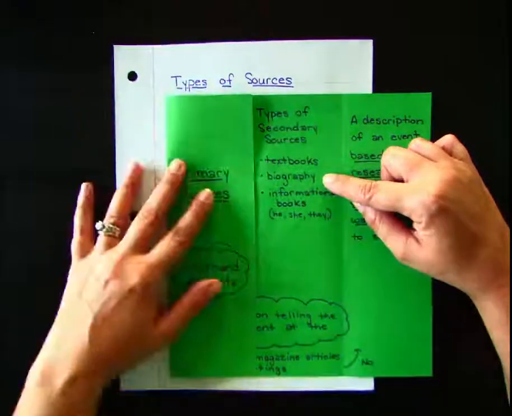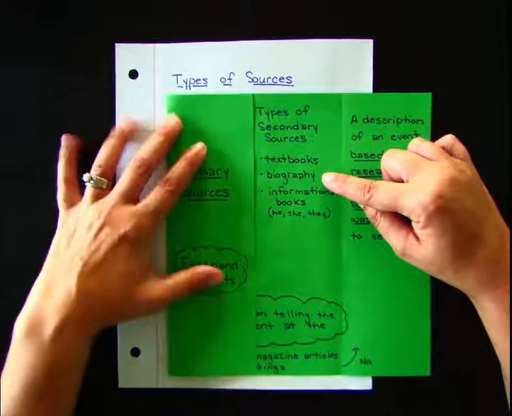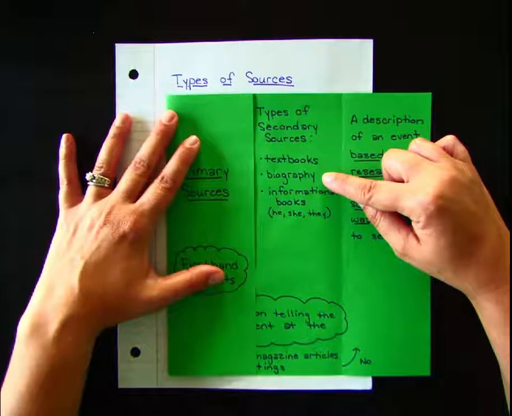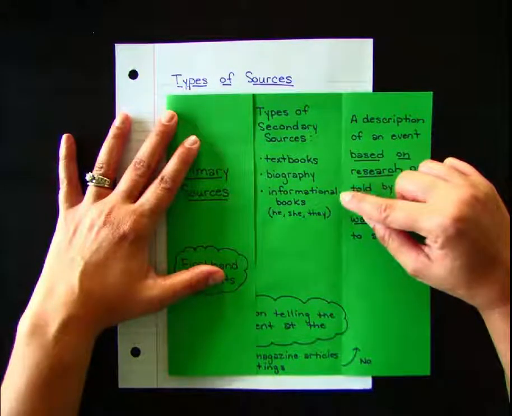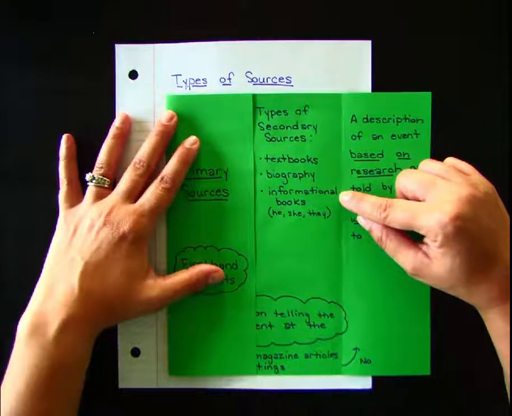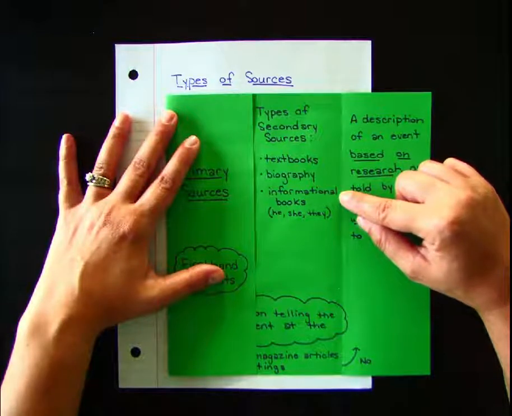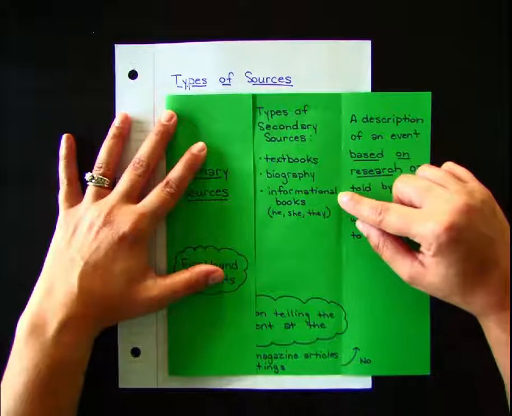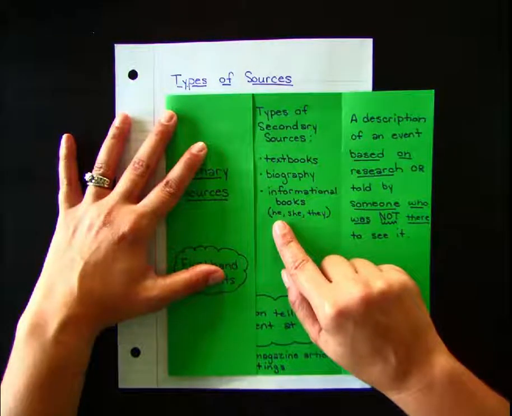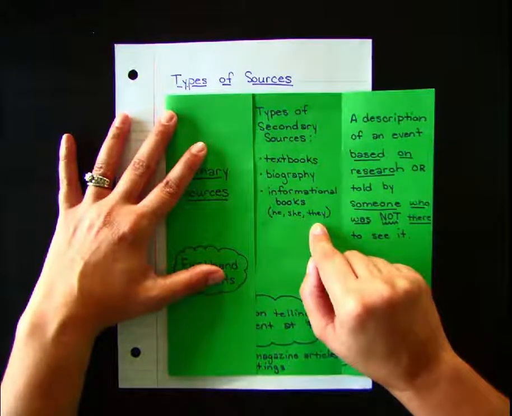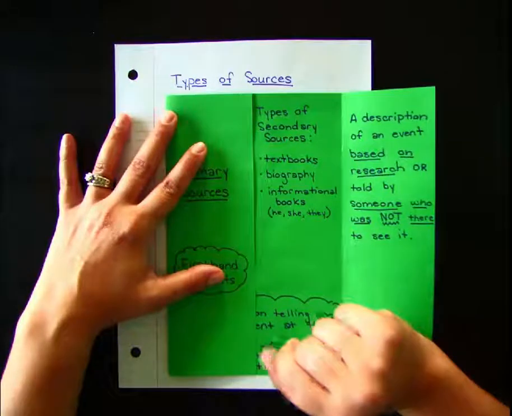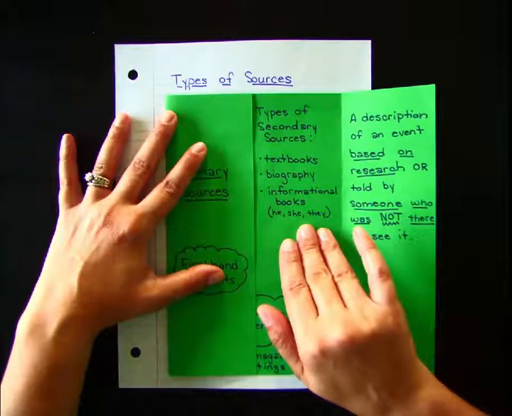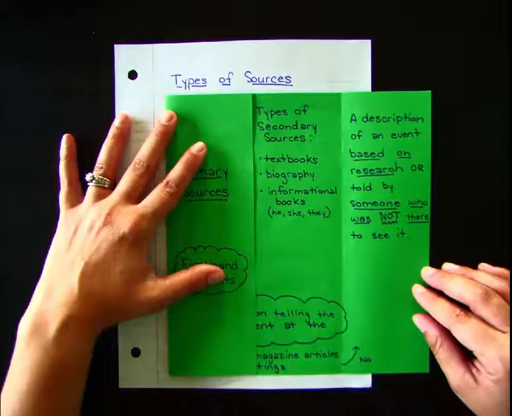If it is a biography, it means someone else is writing that book about you. Okay? Informational books are secondary sources. You can typically tell books are secondary sources because they'll use words like he, she, and they. Okay, means they're talking about other people, they're not talking about themselves.